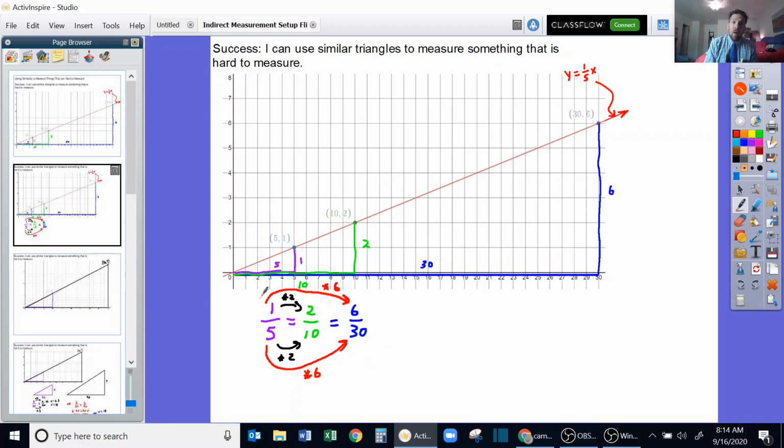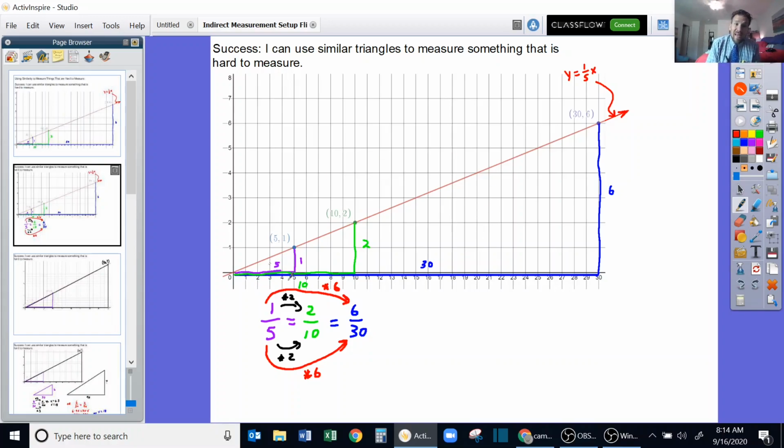And we talked about the different scale factors that we could use to get from one triangle to the other. And that's a big part of what similarity is really about. These are the same shape triangles, but they're a different size. They've been scaled up or scaled down by a scale factor. So we've multiplied by some scale factor.